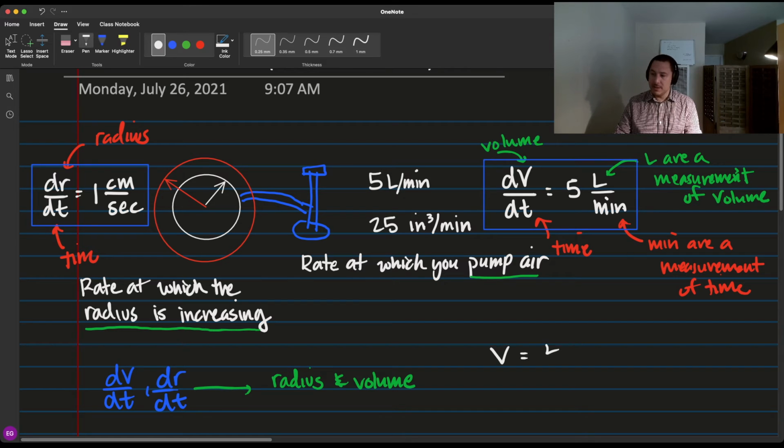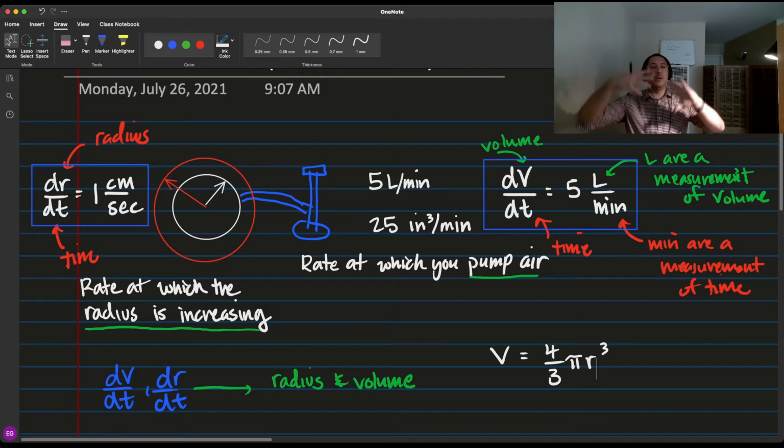Yeah, the volume is 4/3 pi r cubed, and it's cubed, not squared, because volume is cubic inches, right? Square would be a measure of area, so good catch there. When I noticed you caught yourself, you must have thought, wait, no, it'd be cubic.